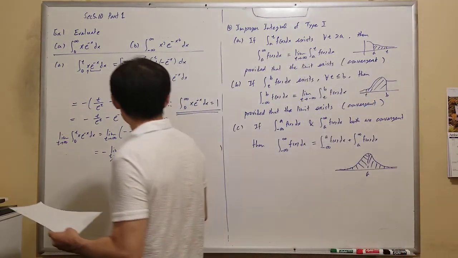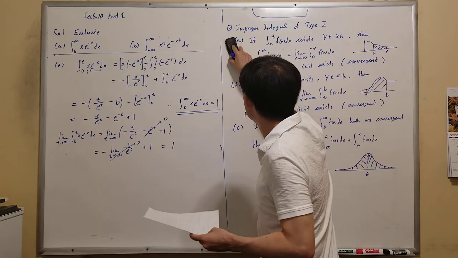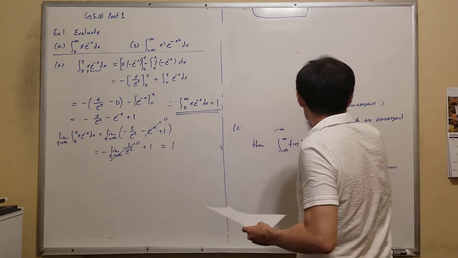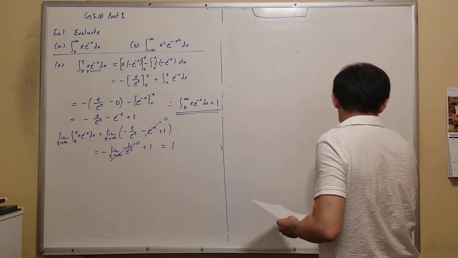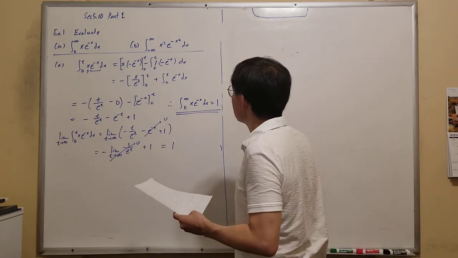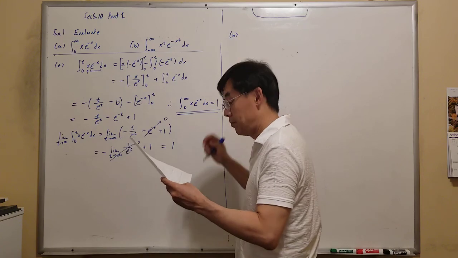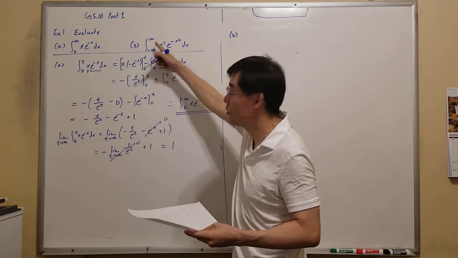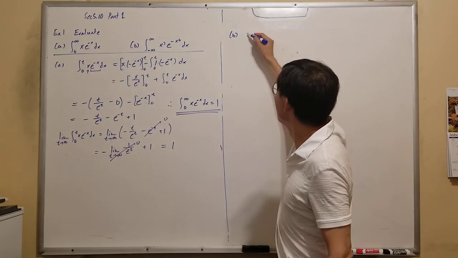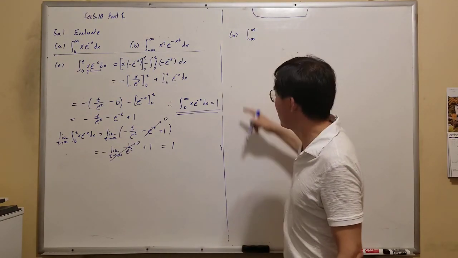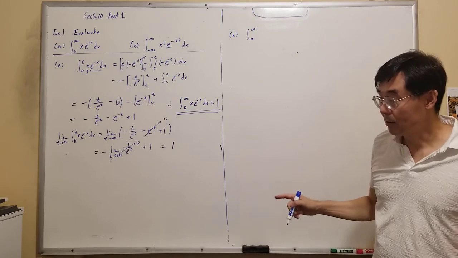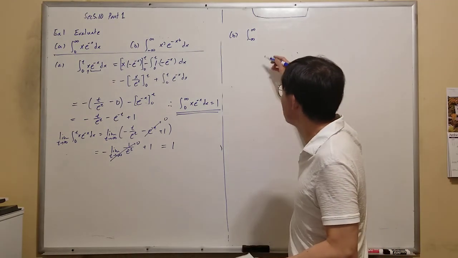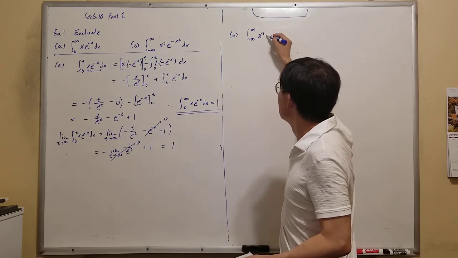Now, second, B. Negative infinity to infinity. This is part C of the first type of improper integral.